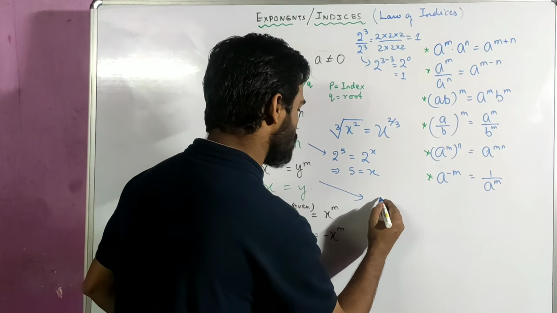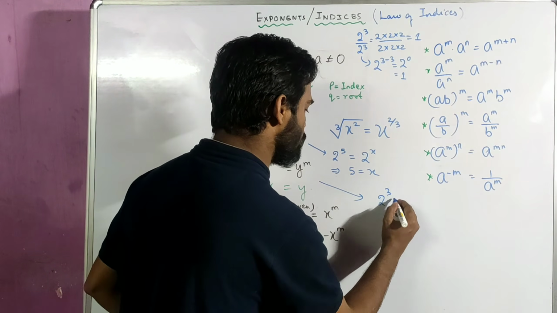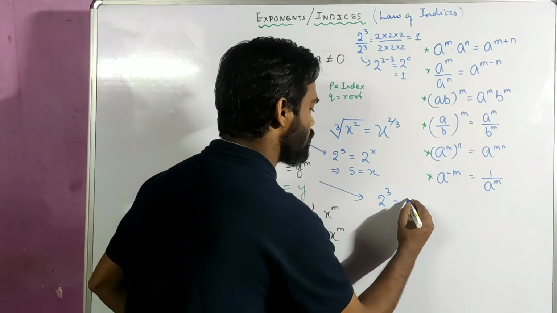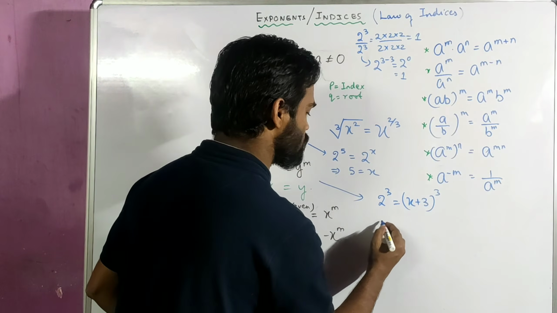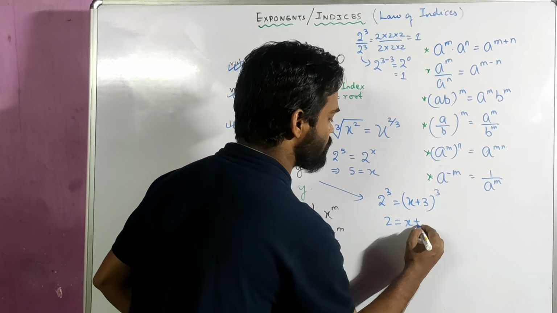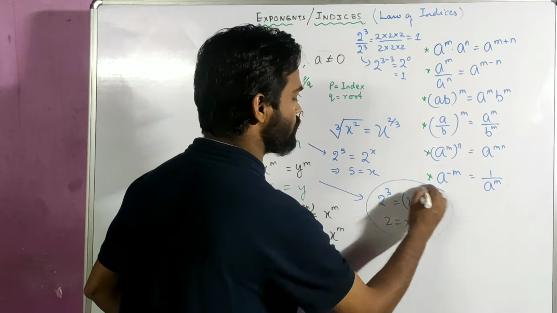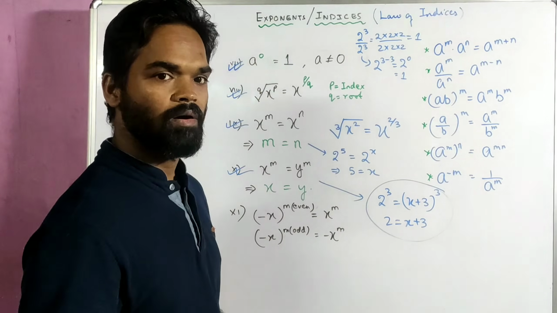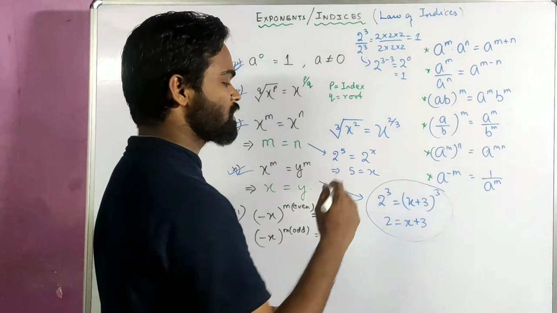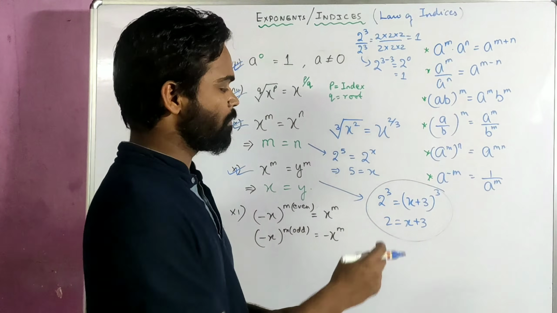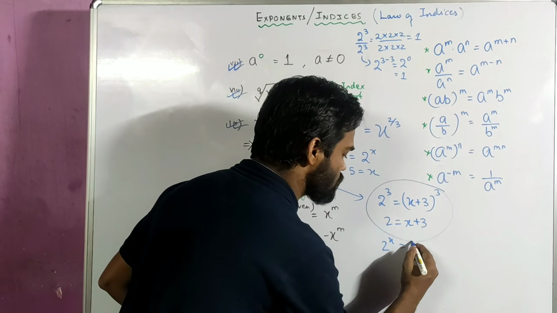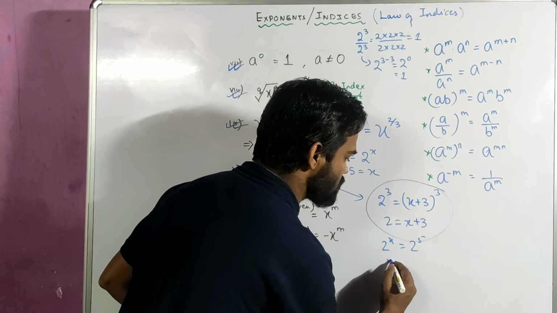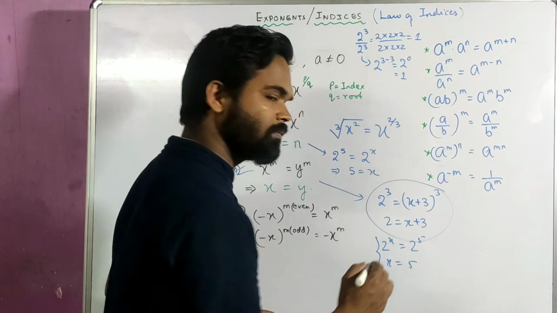If I've got 2 cube equals x plus 3 whole cube, we can say that 2 equals x plus 3. See, single base on both sides and the exponent is same, so we can say the bases are also same. 2 to the power x equals 2 to the power 5, so we can say x equals 5 directly.